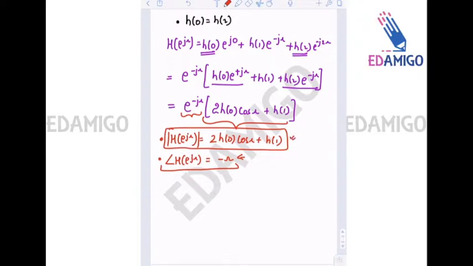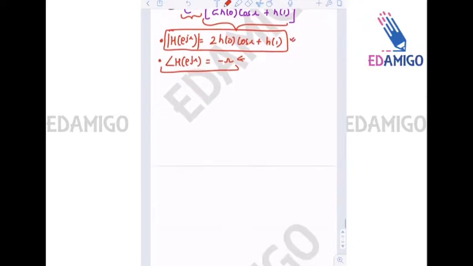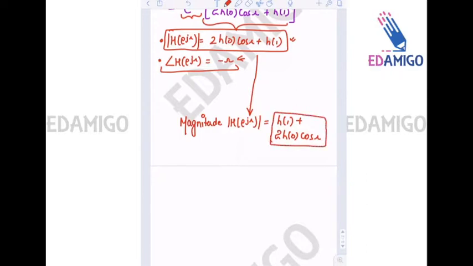Now if we look at the magnitude, then magnitude of H(e^jω) will be equal to, as we can see, plus 2 times h0 cos ω plus h1. Now we can see that this function will be an even function.